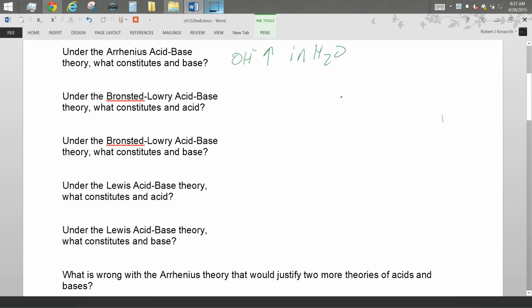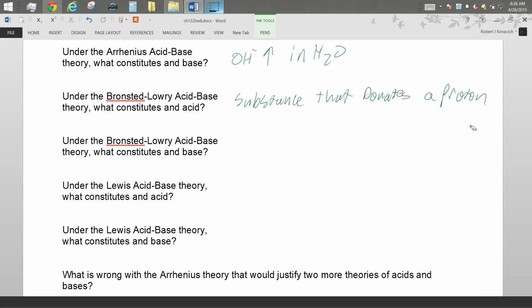How about that Bronsted-Lowry acid? Since hydrogen ion is really just a proton, their definition says any substance that donates a proton is an acid, and this is also in water.